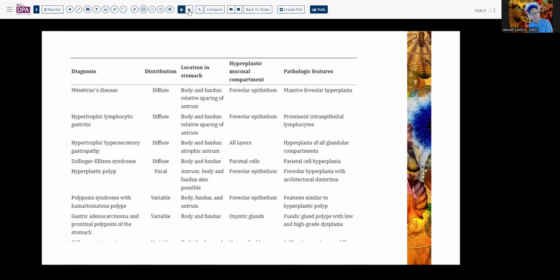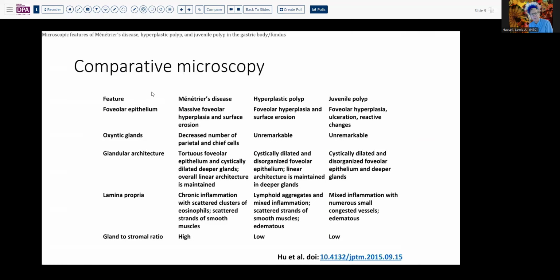Looking at this from another standpoint, based on the study by Hu et al., very nice comparison of the particular features of different components of the architecture and how those might be contrasted with these contrasting entities, which should fit somewhat together, as we've indicated.